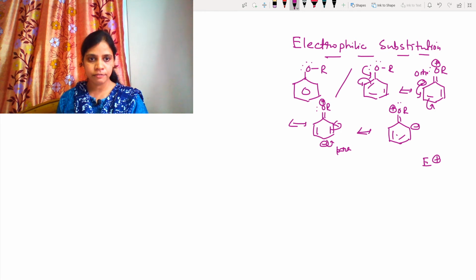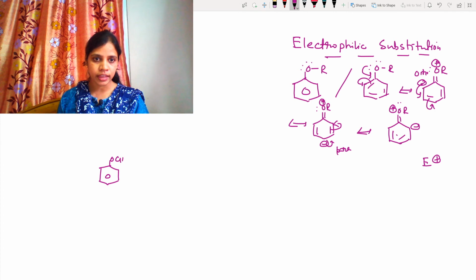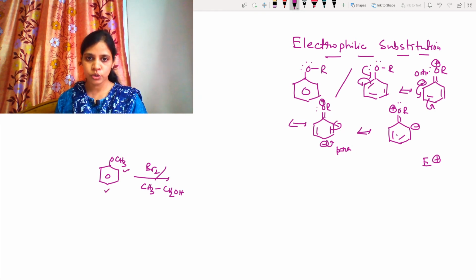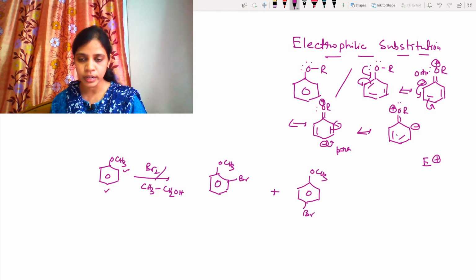For example, if I write this aromatic ether, when it reacts with bromine in the presence of ethanol, as it is ortho-para directing, the Br plus electrophile comes at ortho and para. So we'll get two products: one is this one and the other one is this one. This is the ortho product, this is the para product.